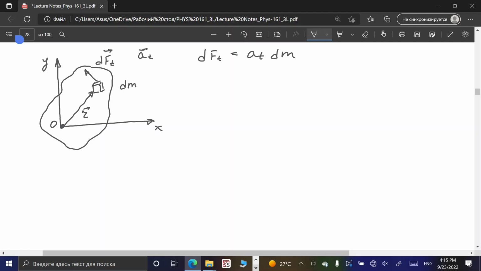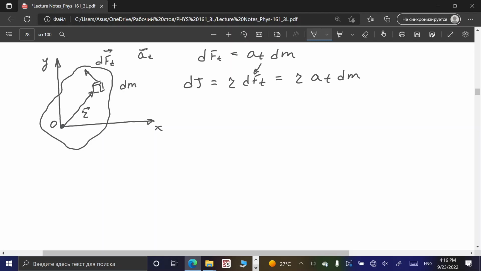And what will be the torque exerted on this small element? Since dFt is perpendicular to the position vector, it will be defined as the product of the distance, this radius, times dFt. And instead of dFt, now we can substitute its expression according to the second law of motion. So we'll have r times at times dm.